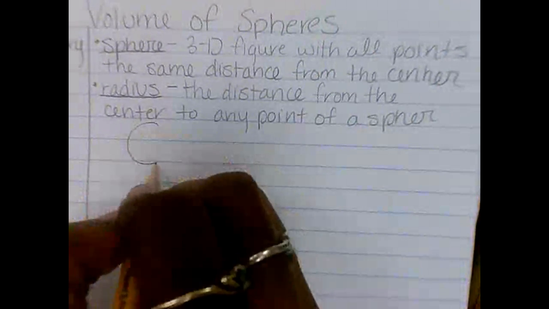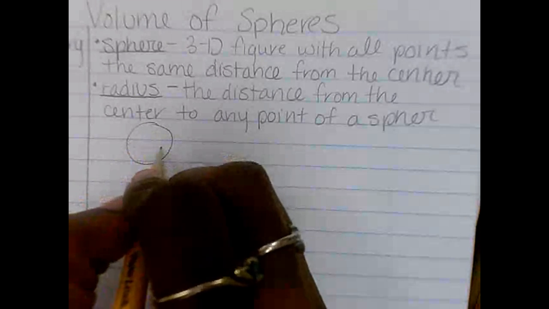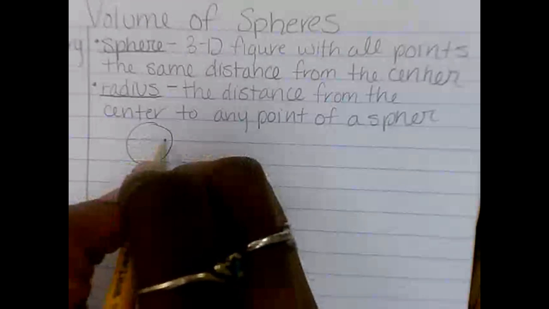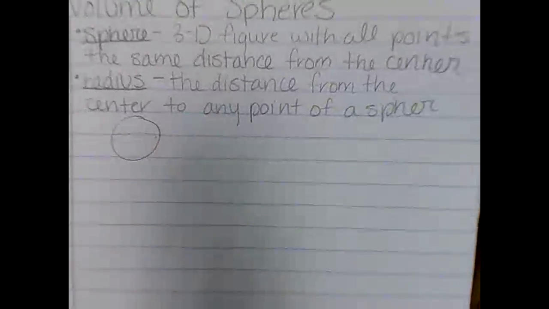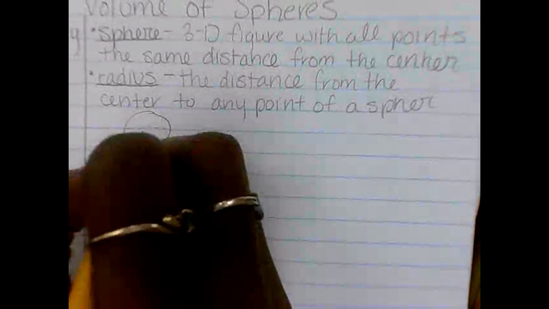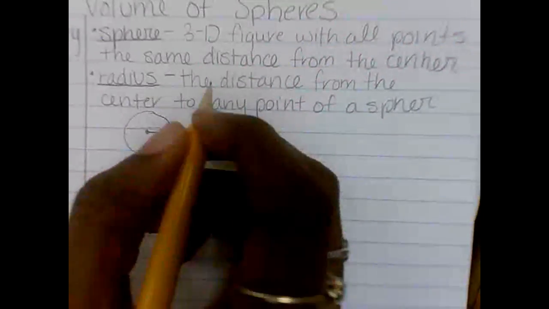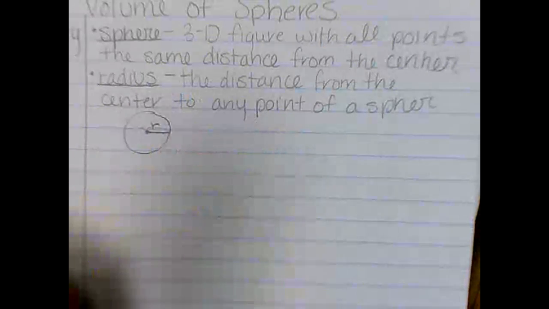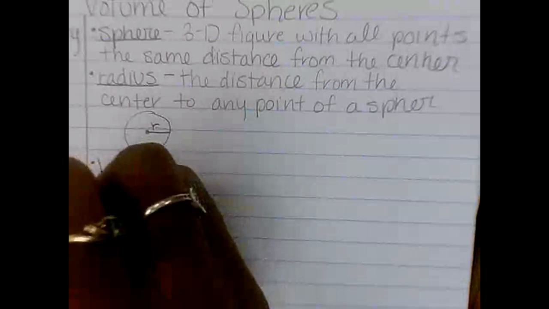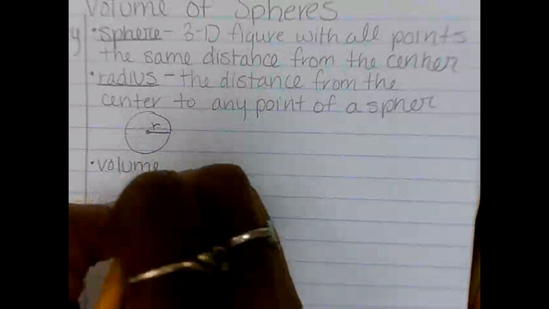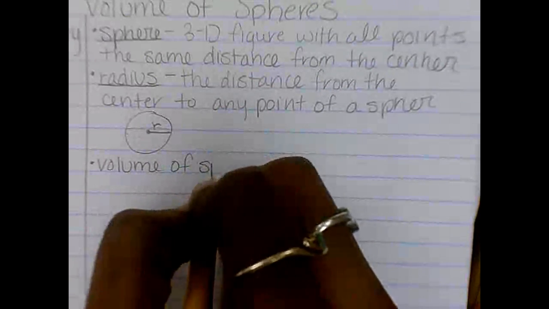So let's say you have a circle. Pretend like this is 3D. I'm going to zoom in a little bit. So the radius would be half the distance. Okay, that's your radius.